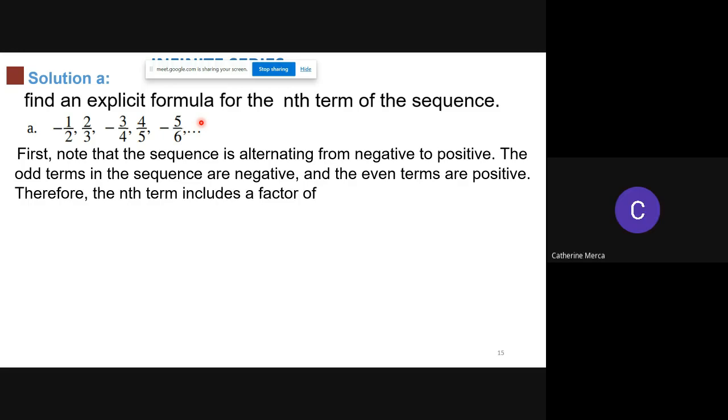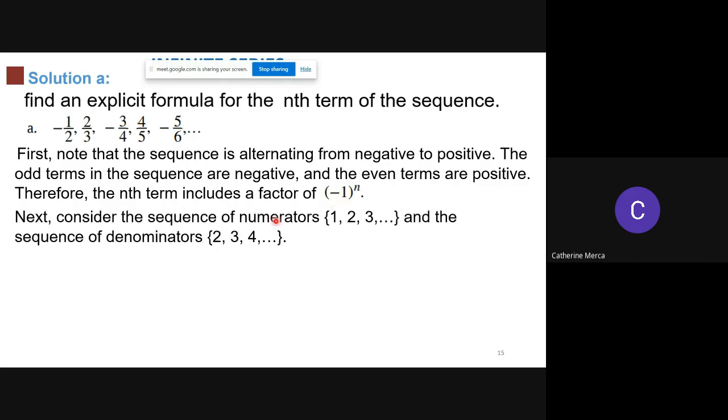Okay, good. So notice that the nth term includes a factor of negative 1 to the n. Correct? It is alternately positive and negative, so you now have a factor of negative 1 to the n in the nth term.